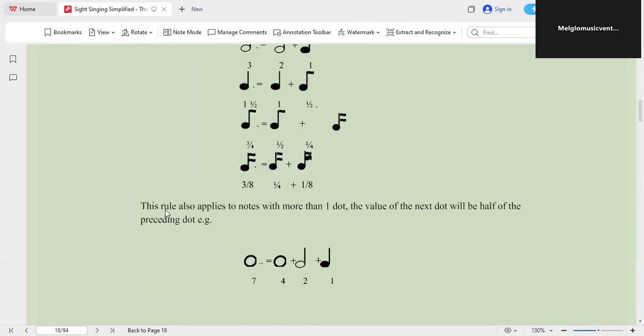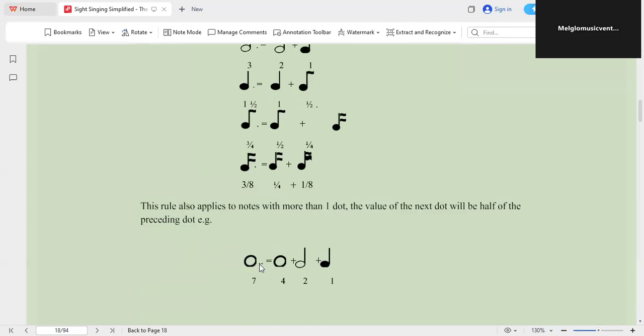So this rule also applies to notes with more than 1 dot. The value of the next dot will be half of the value of the preceding dot. For example, this semi-brief has 2 dots.